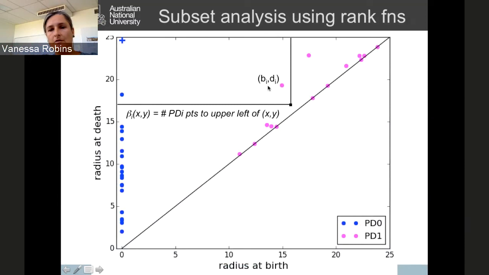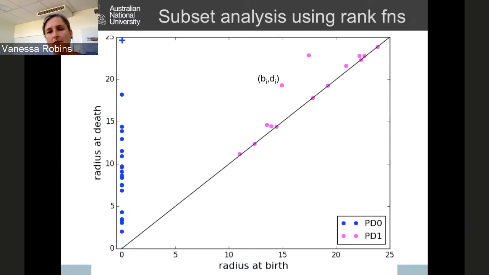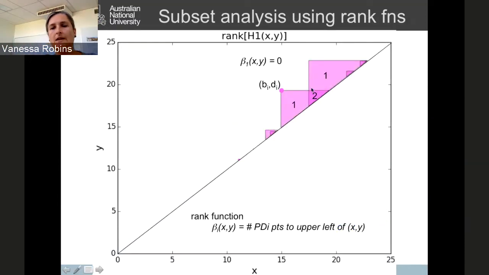Okay, so we're going to go from a collection of points to a function defined in the plane here. So each point in the persistence diagram generates a value of 1 in the function in that lower right quadrant. Okay, so this is just a very simple illustration of going from persistence diagram to rank function.